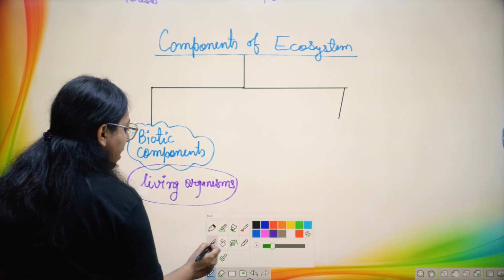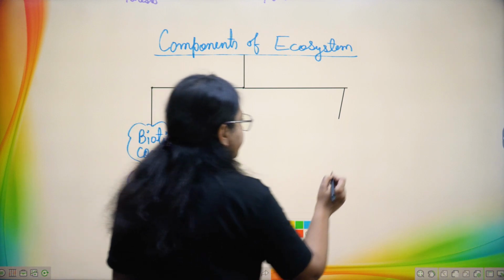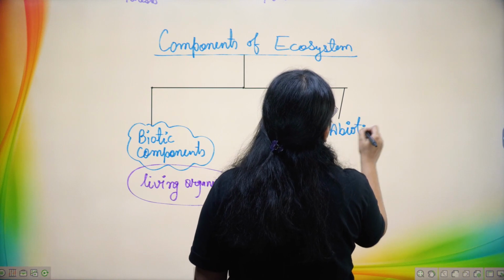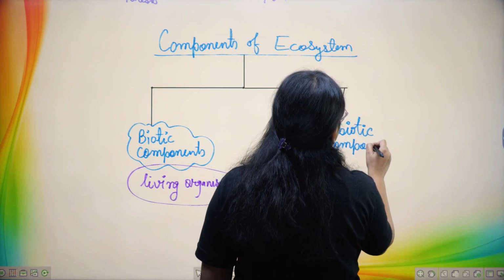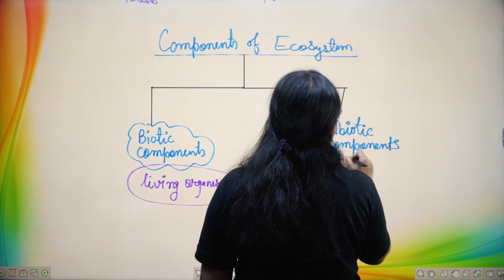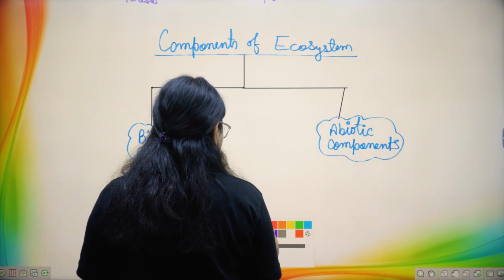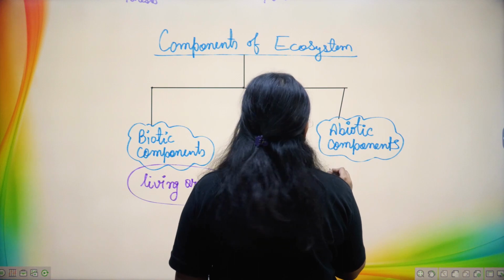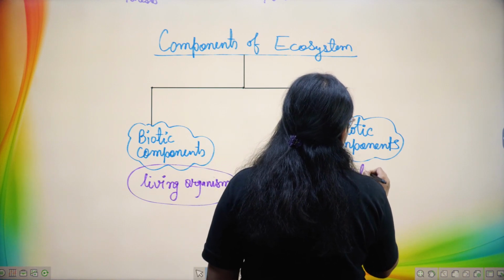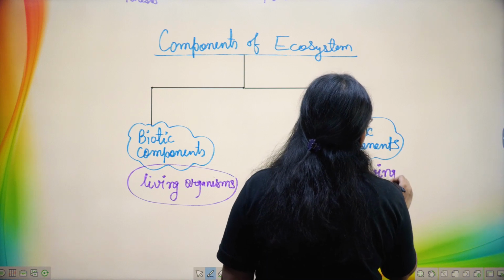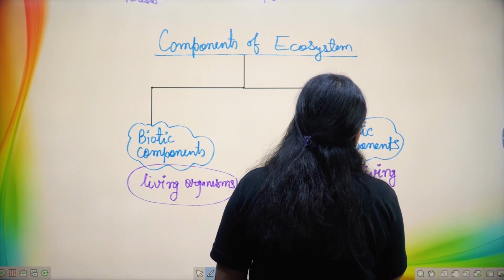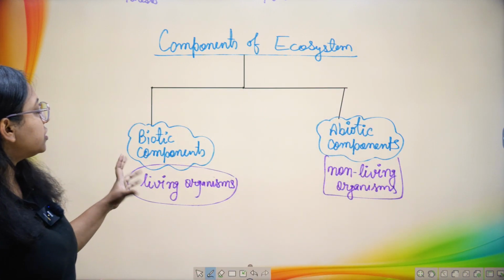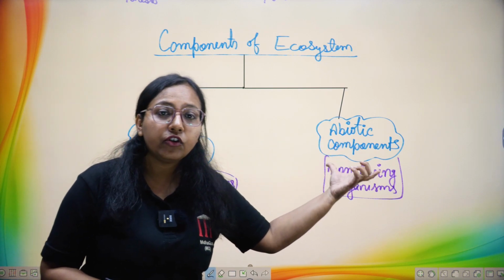Then comes the second part, abiotic components. Abiotic components are the non-living things. So these are the two components of an ecosystem: biotic and abiotic.